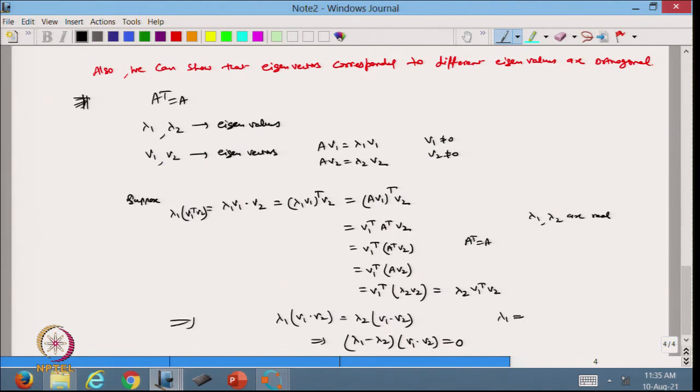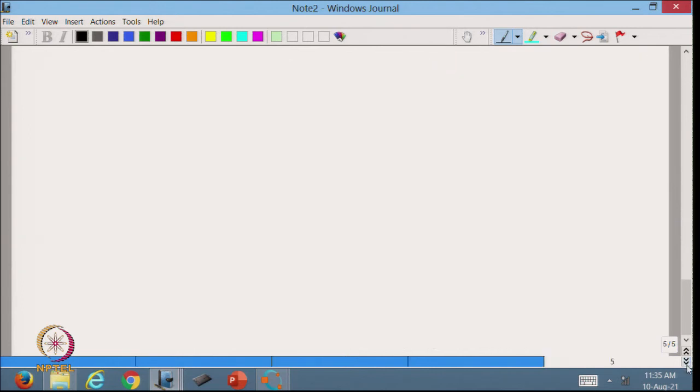Now, lambda 1 is not equal to lambda 2, so that implies that V1 dot V2 is 0. So, that shows that V1 is orthogonal to V2. It means for a symmetric matrix, for different eigenvalues, the corresponding eigenvectors are orthogonal to each other.